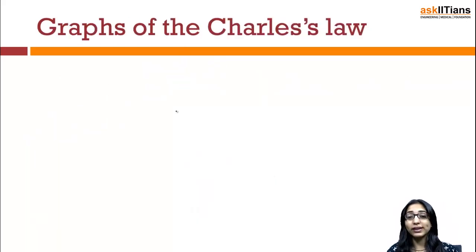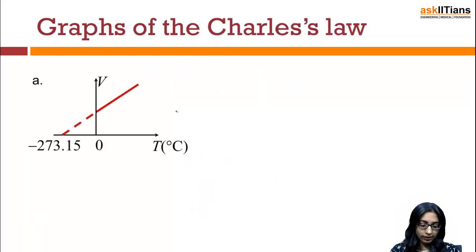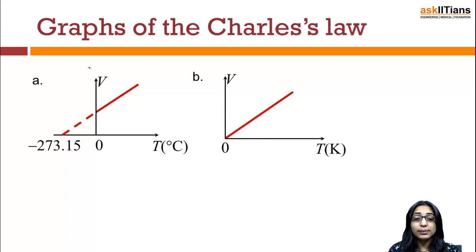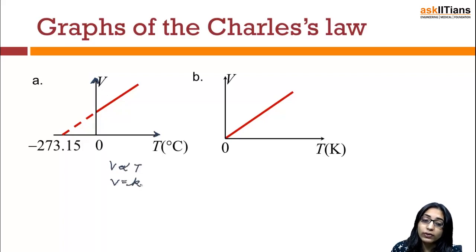Now let's move over to the graphs for Charles' law. If I have been asked to draw the graphs for Charles' law, we'll say when you are plotting volume with respect to temperature, since V is directly proportional to T, V is equal to some KT.